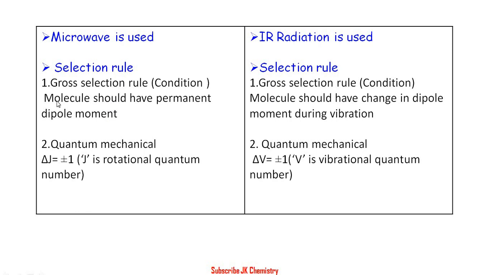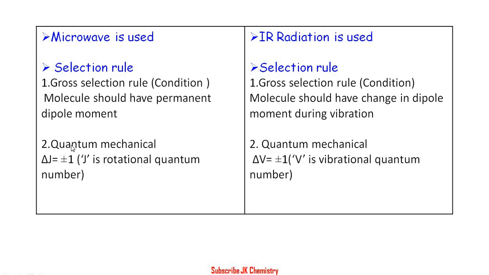That is very important. A molecule which possesses a permanent dipole moment can show microwave spectroscopy. While in the case of IR spectroscopy, the molecule should have a change in dipole moment during vibration. That means all kinds of bonds can show IR spectroscopy, except a homonuclear molecule.